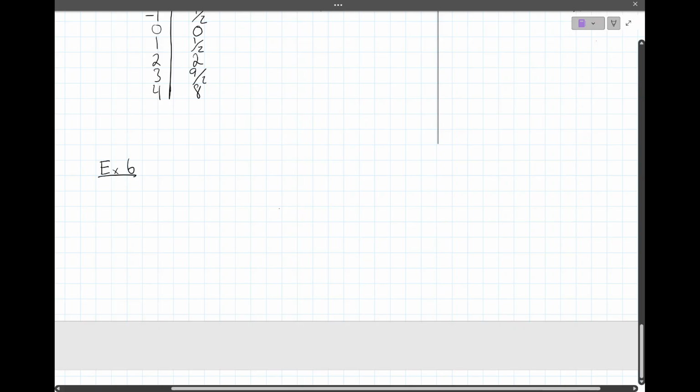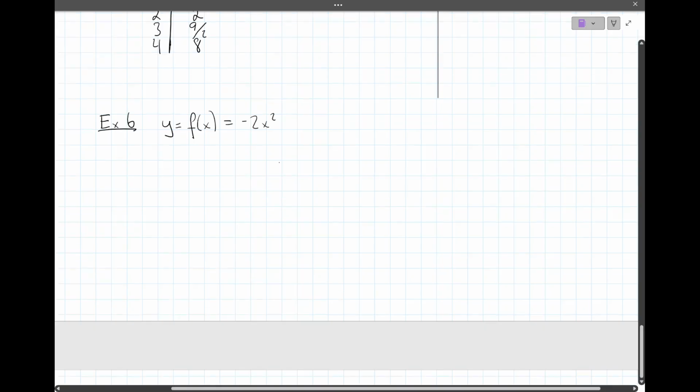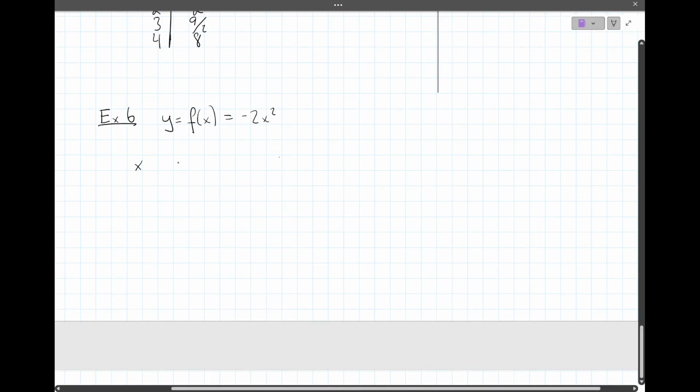And this example, what we're going to look at here, let's try graph y equals 1/4 x, actually this is f of x. Actually, let's do the one with the negative just to see that it gets skinnier. I'm going to do it a bit quicker. So let's do that example. y equals f of x equals negative 2x squared. I'm going to do this a bit more quickly than the other example.